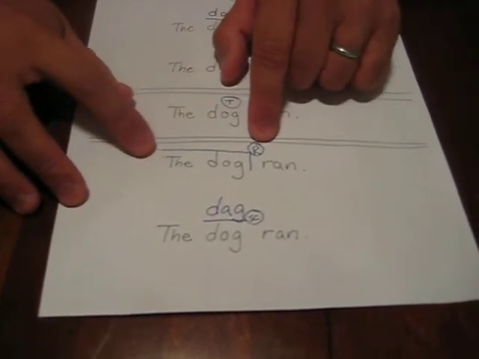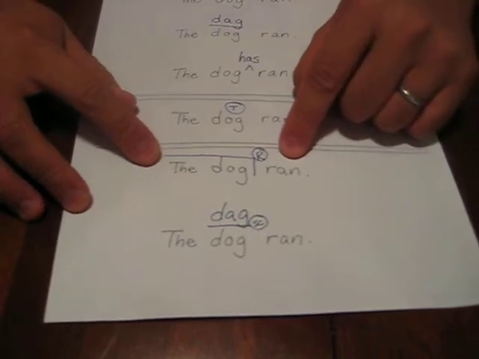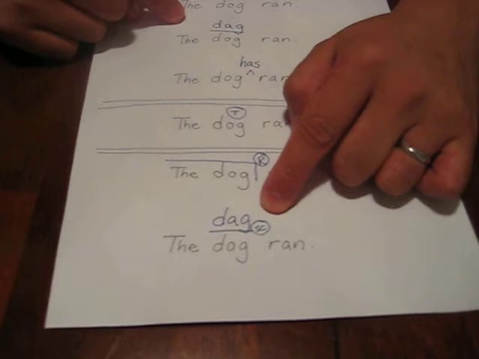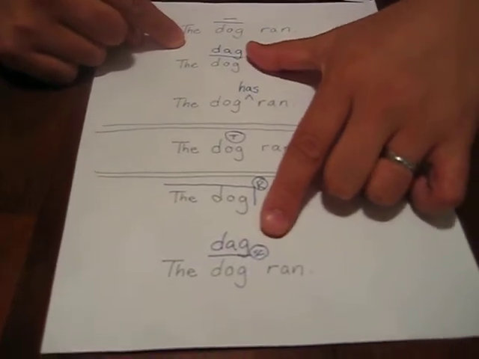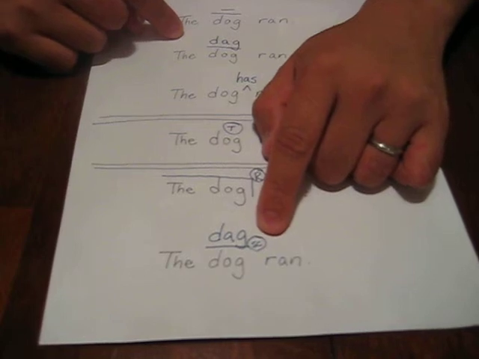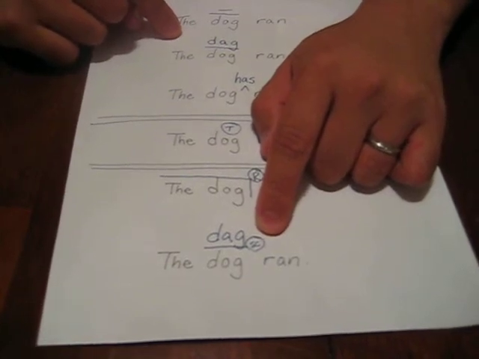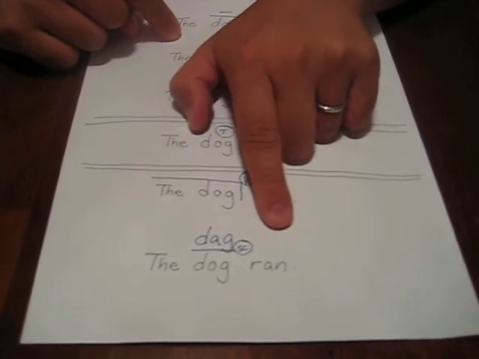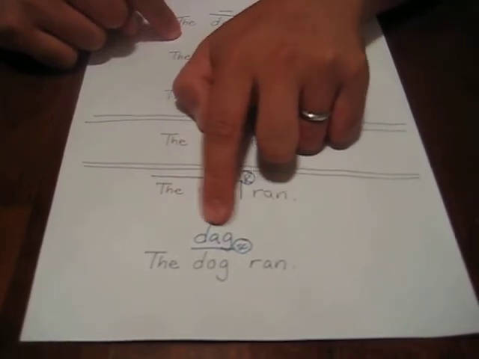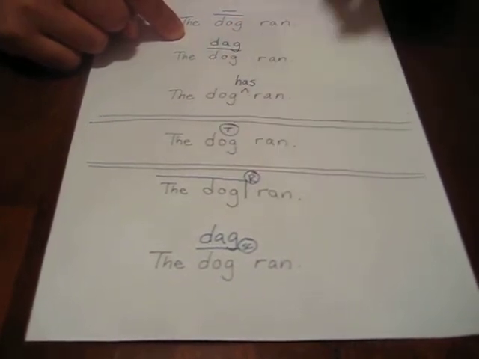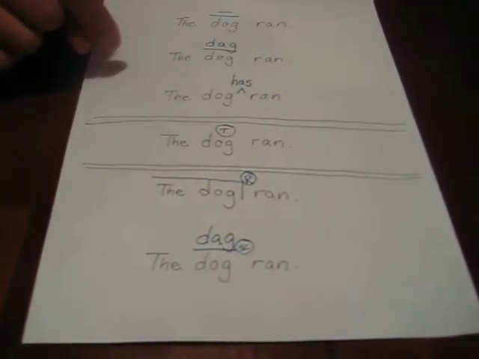You won't count this as an error, but go ahead and still mark that. And down here you'll notice that this is very similar to up here, a substitution error, but you'll notice the SC next to it, and the SC simply means that the student realized his or her error. May have said the dag ran, paused and thought about it and said, oh no, the dog ran. Well, that's a self-correct. So go ahead and put an SC next to that.